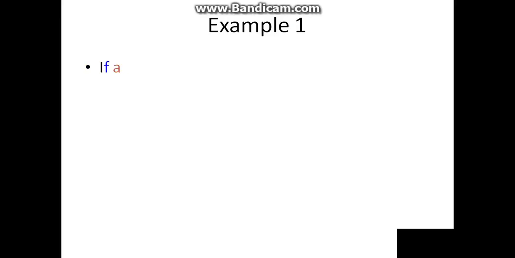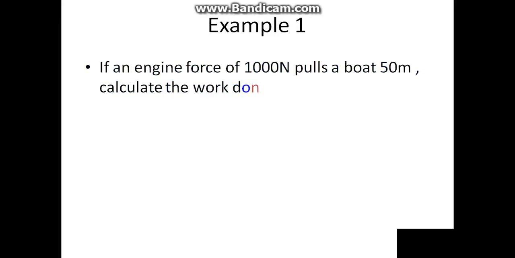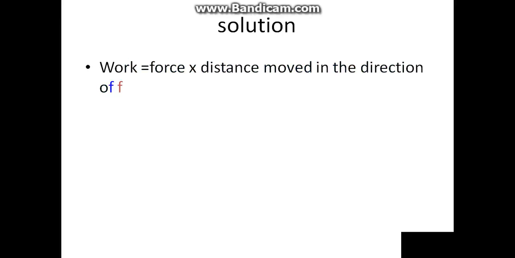Example 1. If an engine force of 1000 Newton pulls a boat 50 meters, calculate the work done. Solution. Work equals force times distance moved in the direction of force. Work equals 1000 times 50, which is equal to 50,000 joules.